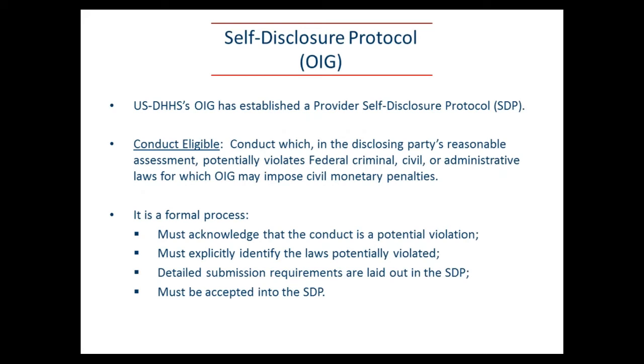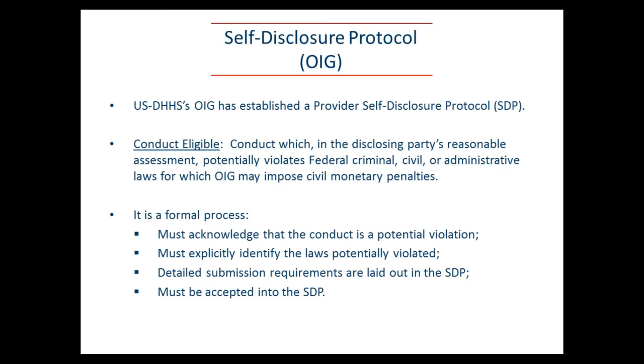Okay, so that's the Medicare process. We've talked about reopenings, we've talked about self-identified voluntary disclosures. On the federal side, you also have the OIG self-disclosure protocol. So when is that something you might consider? Well, the OIG has set forth a standard. It's pretty broad.